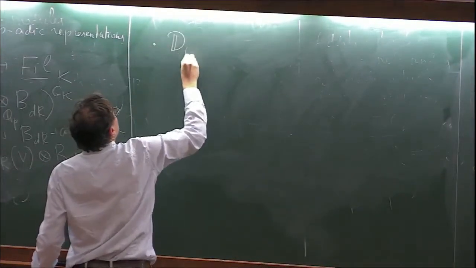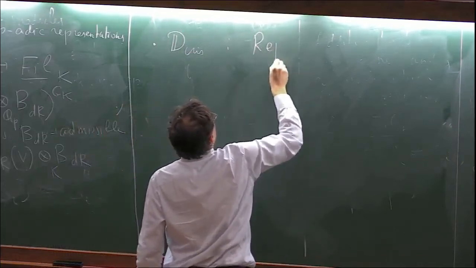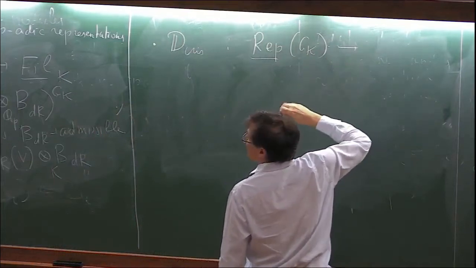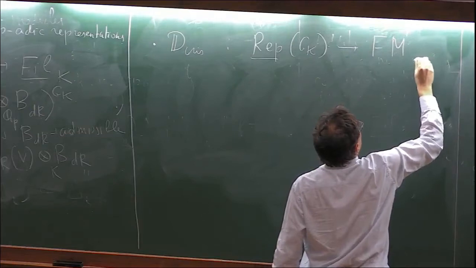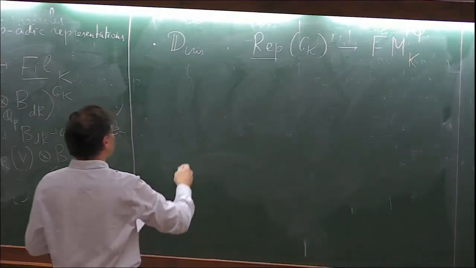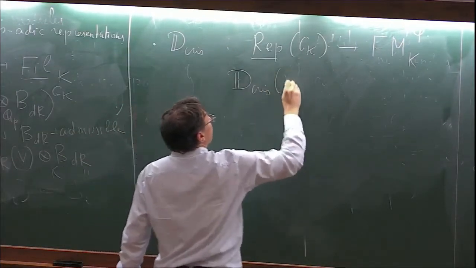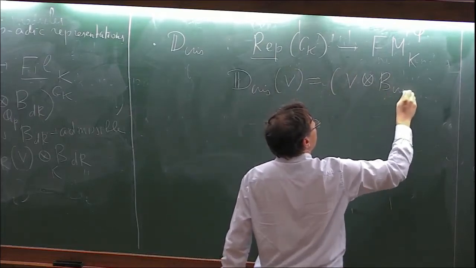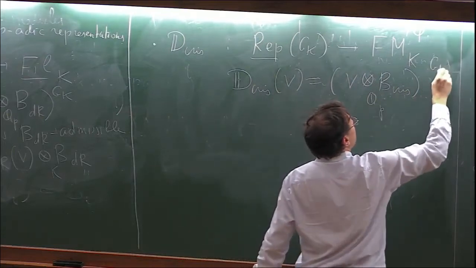So define D_dR by the same procedure. It takes values in the category of filtered modules over K, φ-modules over K. Taking Galois invariance of a tensor product of V with B_dR.